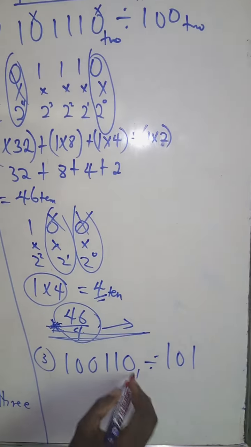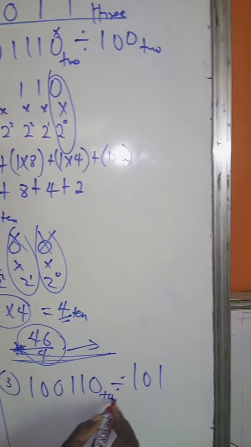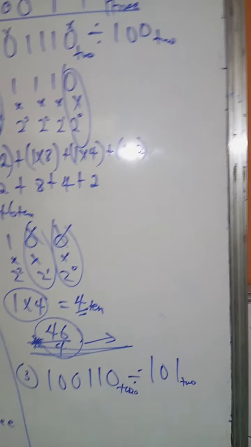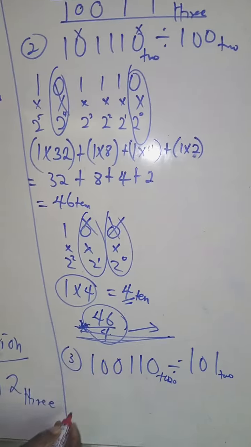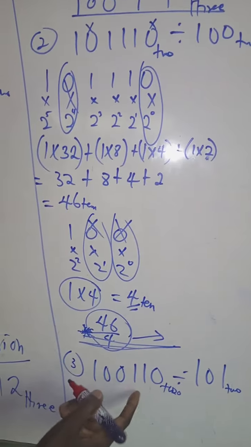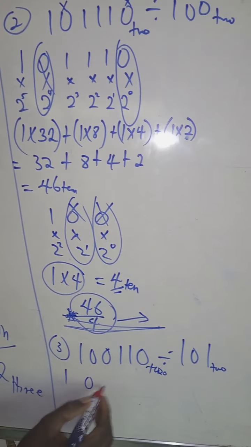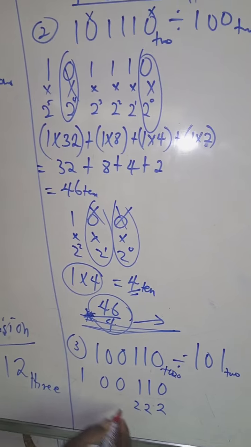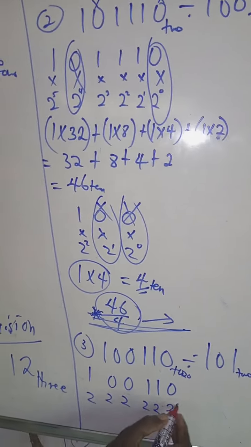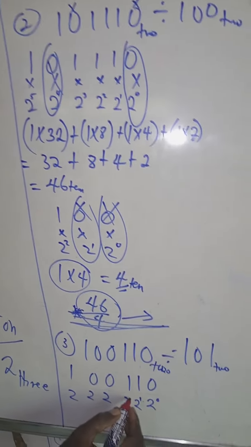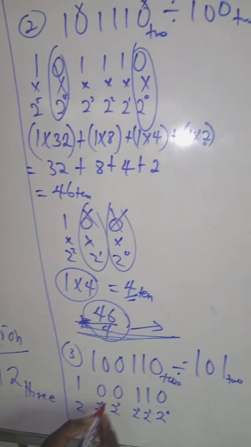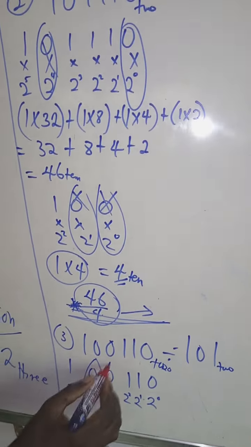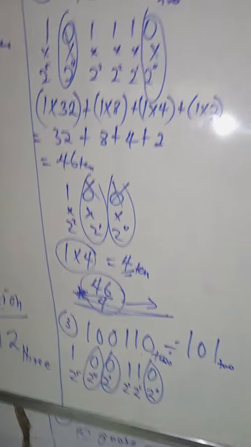So this one is base 2 and base 2. Here we have 100110. I want to convert this one to base 10. 2, 2, 2, 2, 2, 2, with power 0, power 1, power 2, power 3, power 4, power 5. So all these ones that I circled are cancelled.